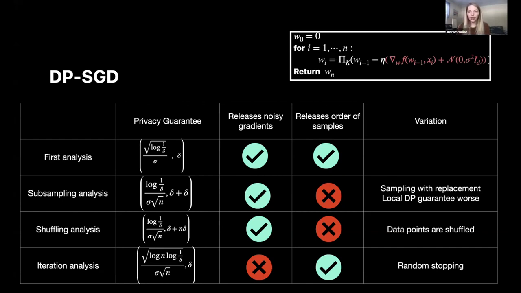So I do actually alter my mechanism a little bit, and I do this random stopping. And I mentioned earlier that not being able to release the gradients actually impacted your utility because the final iterate doesn't have particularly good utility guarantees.